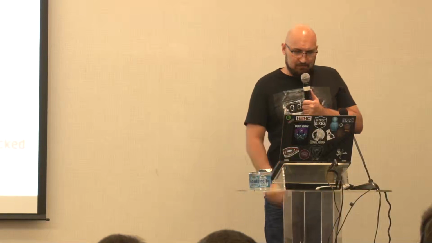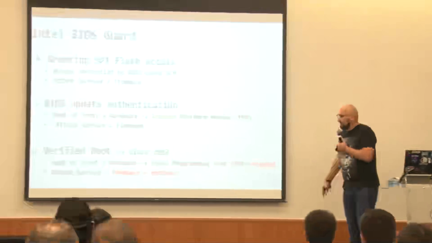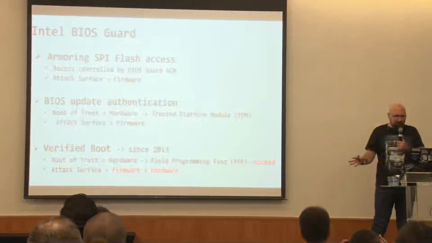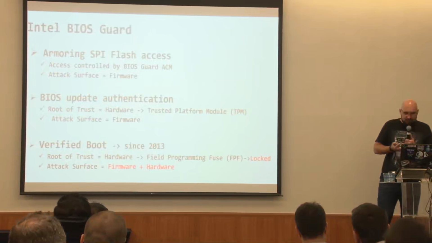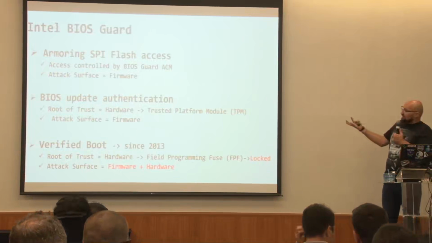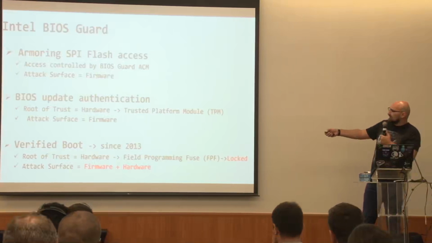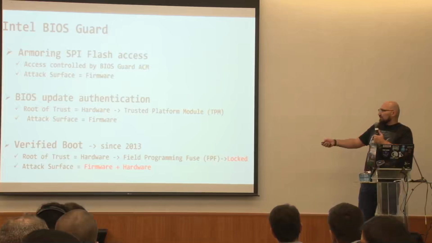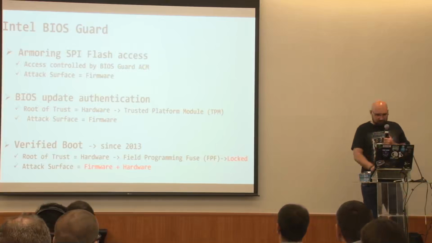And let's talk a bit about BIOS Guard, and why it's important to have BIOS Guard and Boot Guard enabled together on the same hardware. BIOS Guard is armoring the BIOS update routine. If BIOS Guard is enabled, access is controlled by BIOS Guard ACM, and the BIOS update is authenticated from microcode.